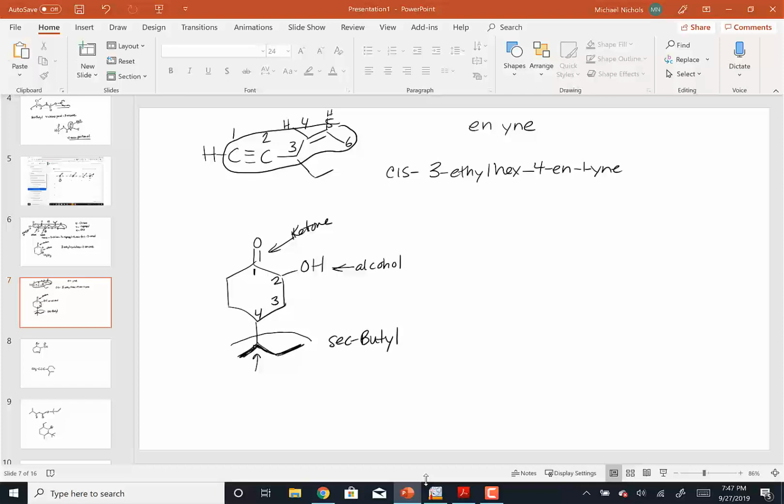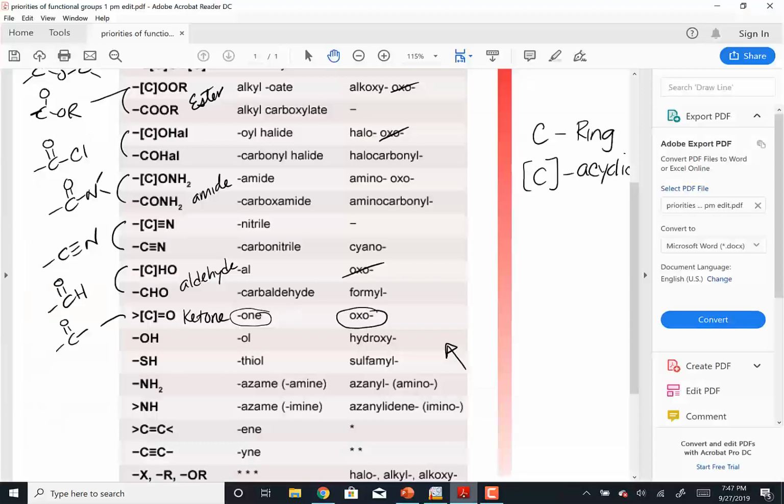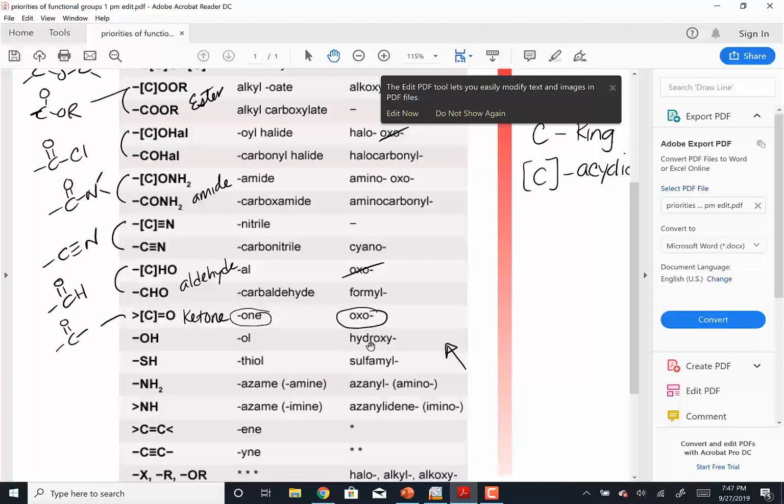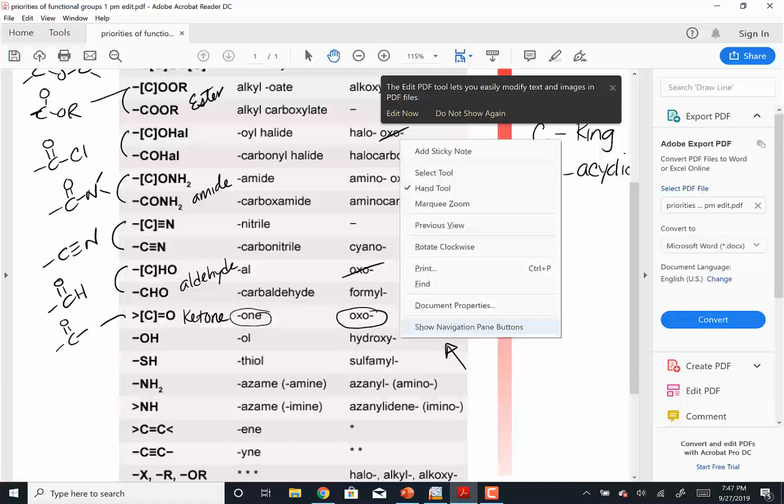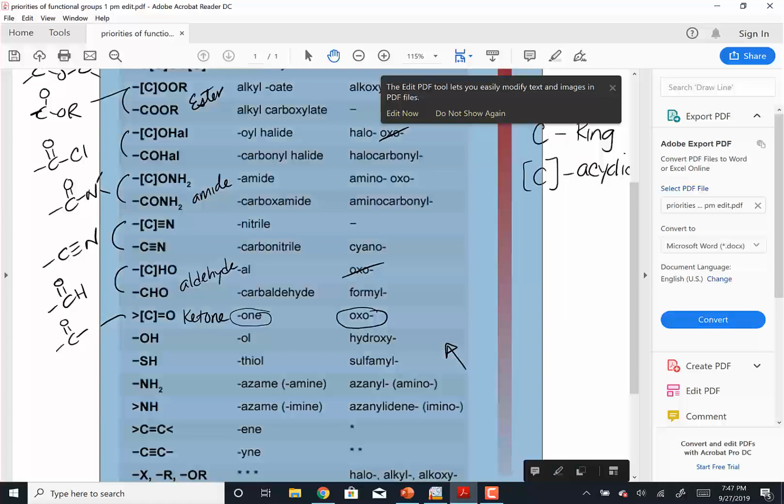Now, the alcohol is not the highest priority, so what is its name when it is a substituent? We go to the chart, and when it is the highest priority, it's -ol. When it is not, it is a hydroxy group here. So hydroxy means that's what we're going to name it.